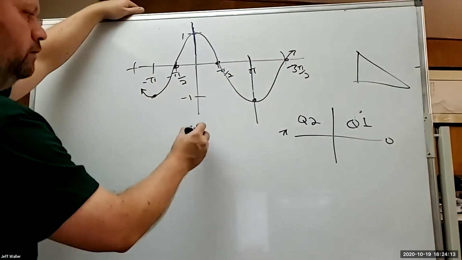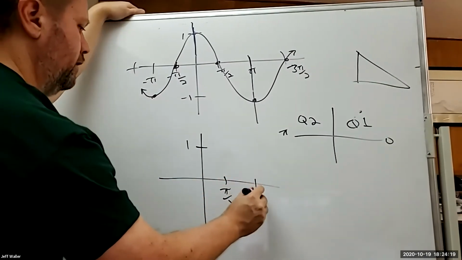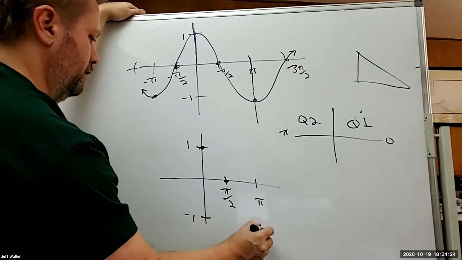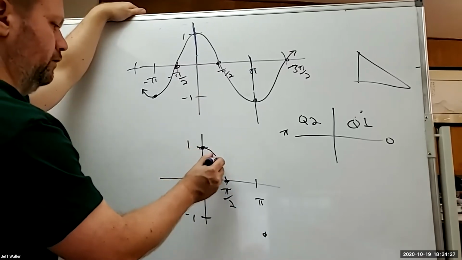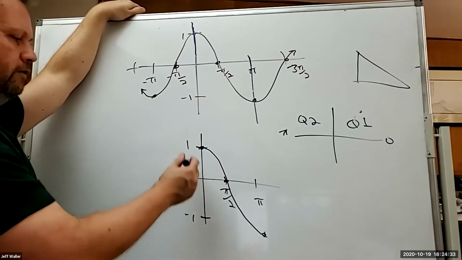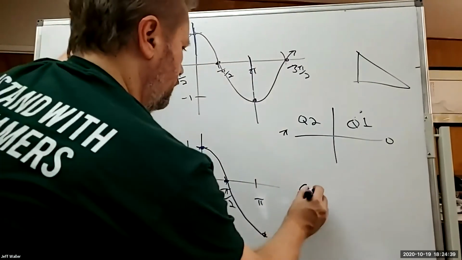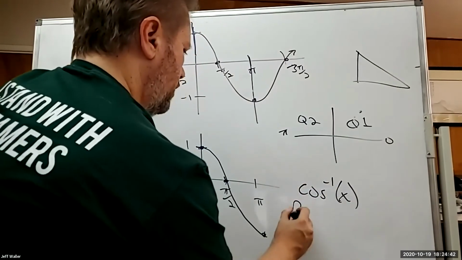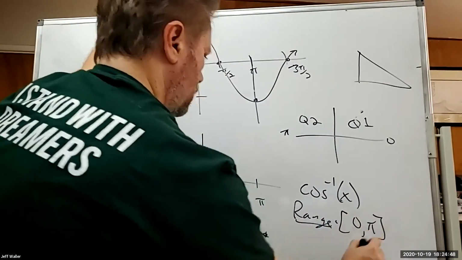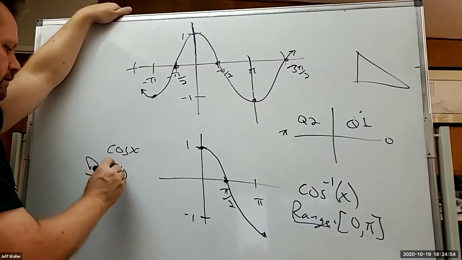So the actual graph of the invertible function looks like this. I'm graphing this freehand. So the output for inverse cosine, the range, will be 0 to pi, because the domain we have to restrict cosine to is 0 to pi.